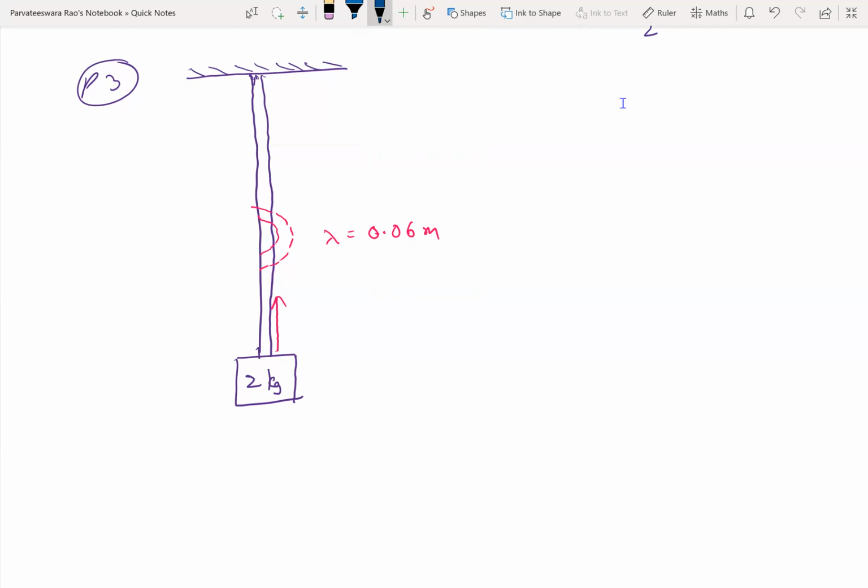What is the wavelength of the pulse when it reaches the top of the rope?